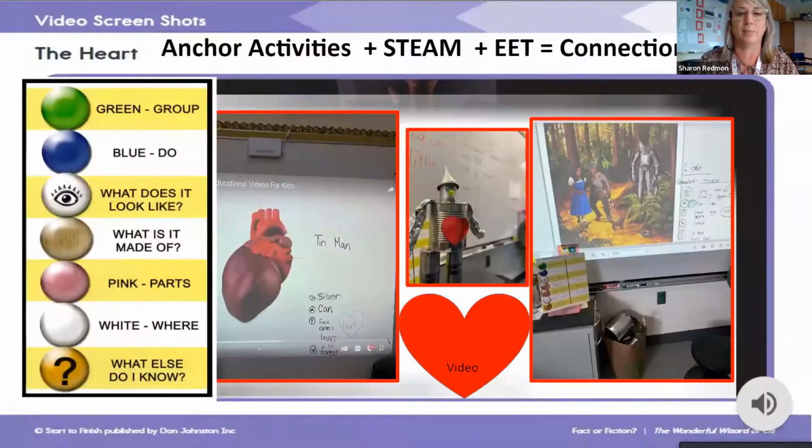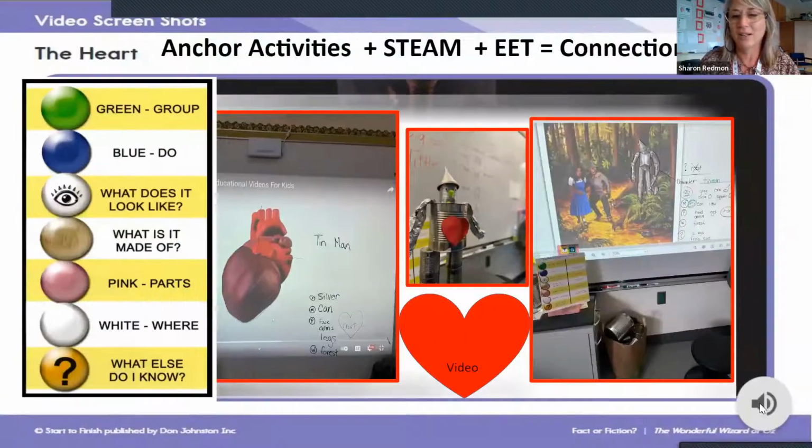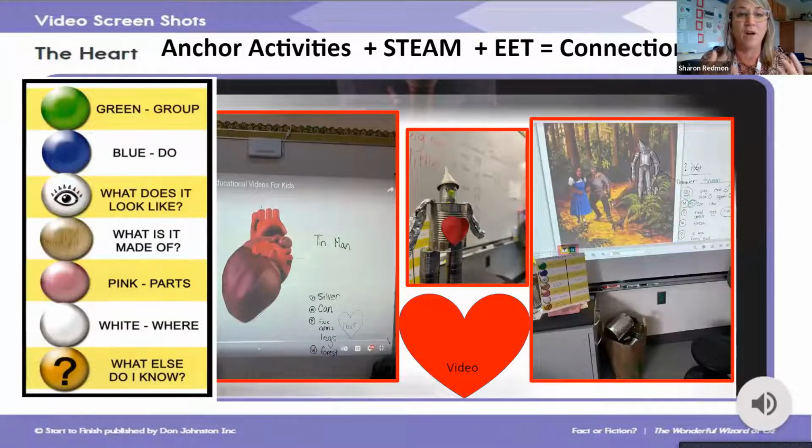All right, let's see some more examples. So I love this. I wonder if it's going to play. No, it didn't. It worked just earlier. There it is. We had the picture and a video of the heart, right? When we were talking about the Tin Man and the heart, we also used some audio where I would play a heartbeat in the room.